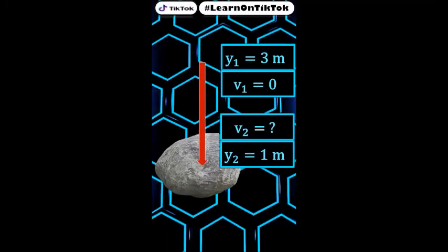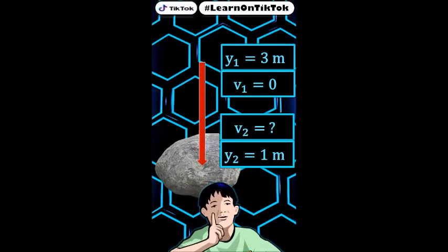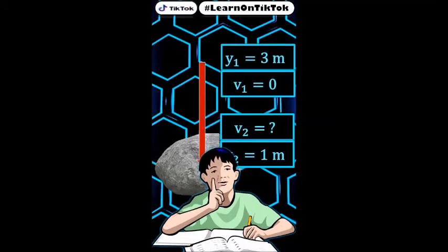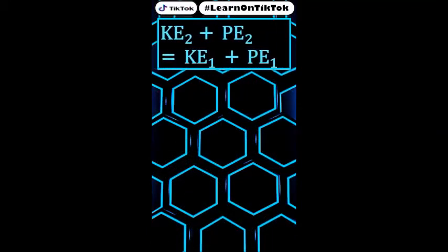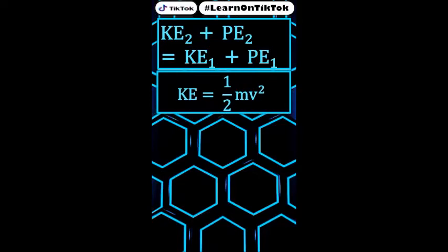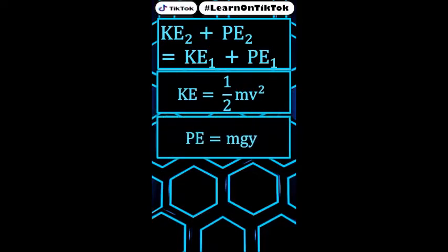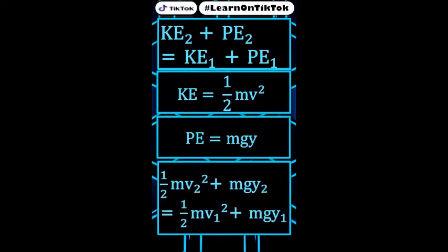We cannot solve the speed by simply using the kinematics equation. We need a simple understanding of dynamics, involving work-energy principle. Using the equation of the conservation of mechanical energy, we can manipulate the equation and define each term into its individual definition. KE is equal to 1/2 mv squared, while PE is equal to mgy.